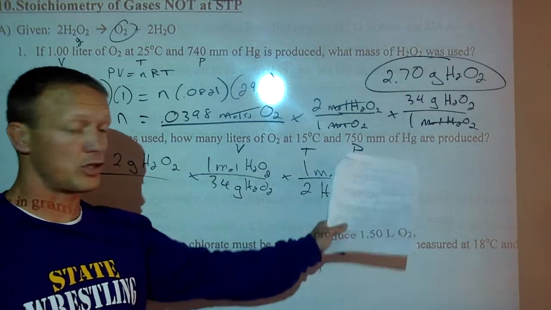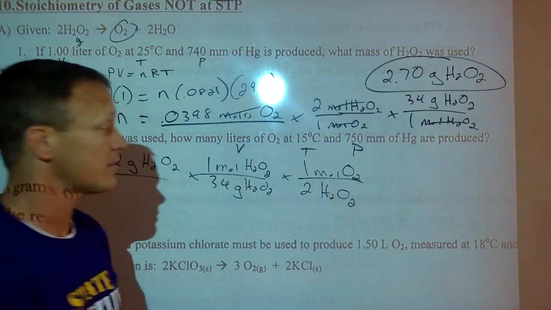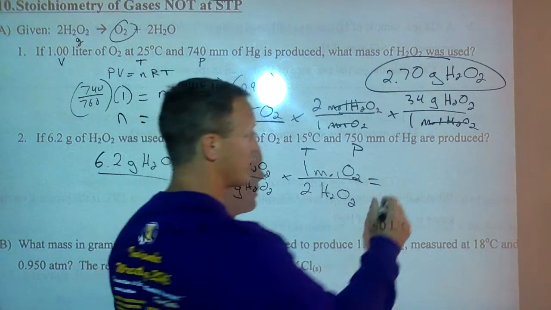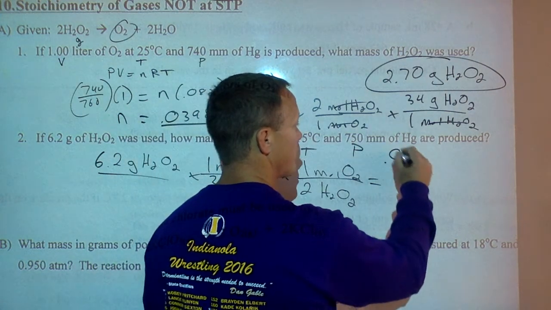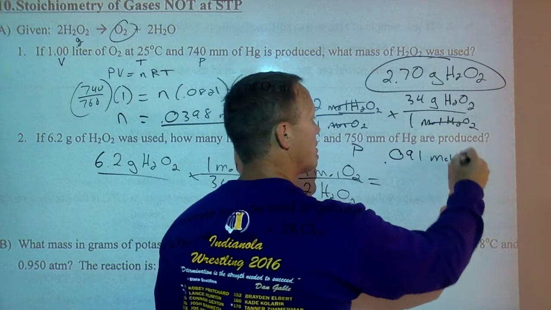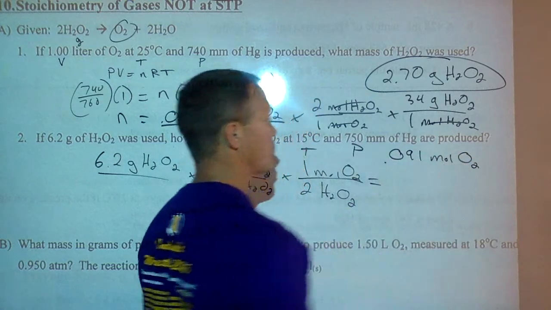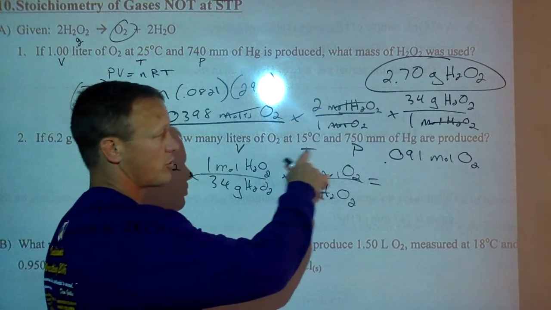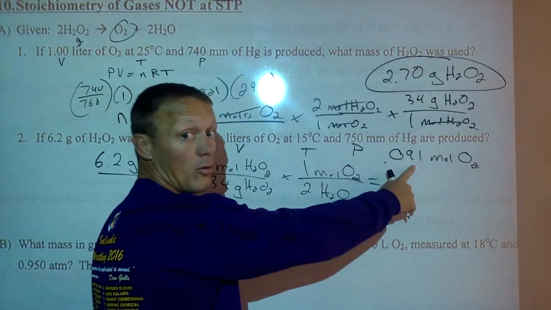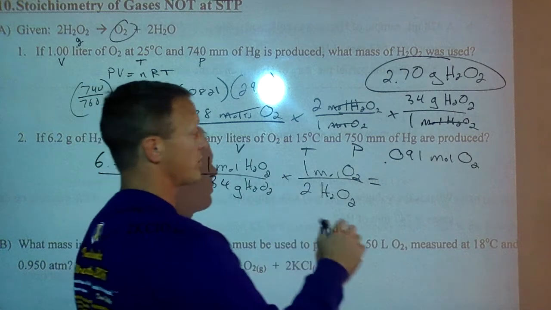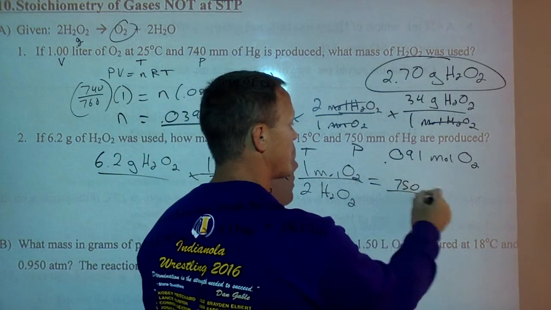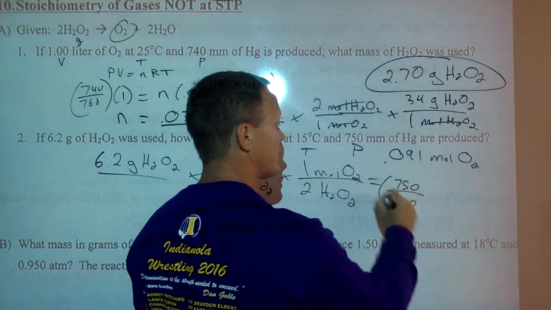I can't do 1 mole is 22.4 liters because we're not at STP. So we get our moles of O2. Moles of O2 is 0.091. So now we have temperature, pressure, and our moles. We can solve for volume. So I'm going to go 750 over 760. That's our pressure.